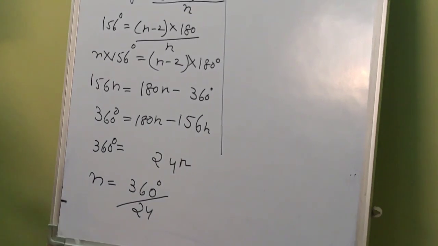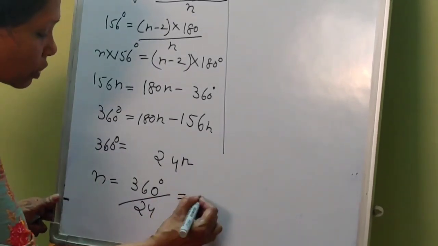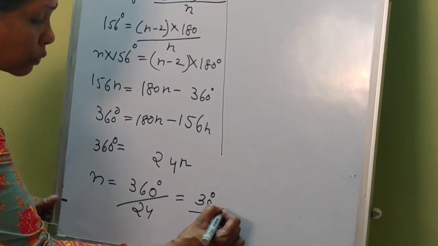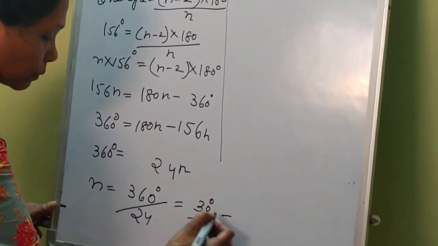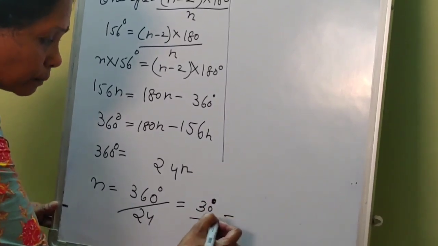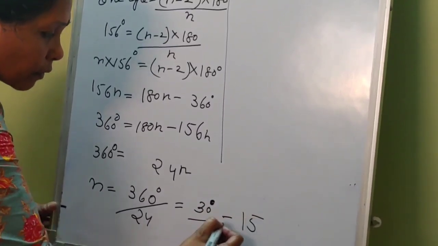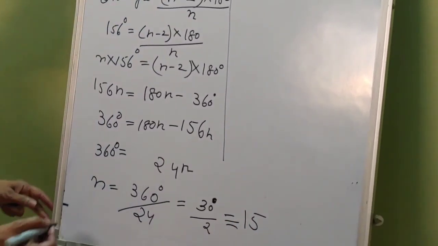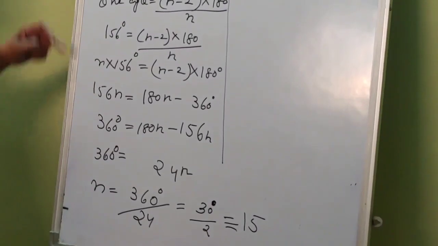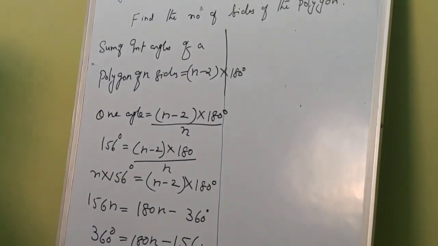So when you divide by 12, you will get 30 by 2, which is equal to 15. So this polygon will have 15 sides. This we had done with the interior angle property.